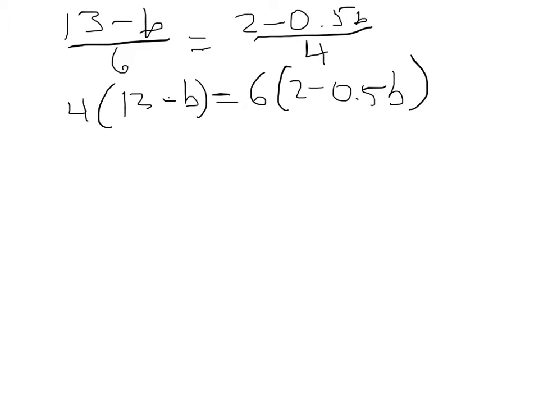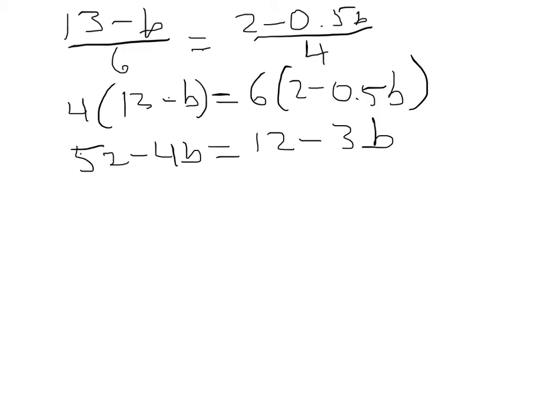And here again we have to use distribution. So 4 times 13 is 52 minus 4b equals 6 times 2, which is 12, minus 6 times 0.5b, which is 3b.